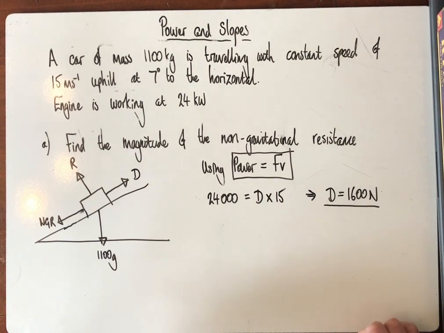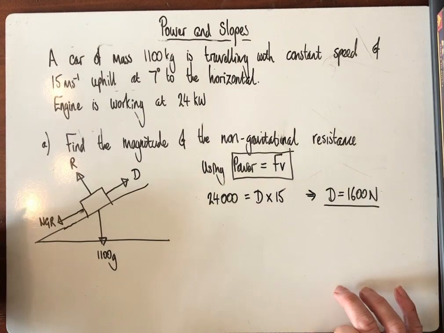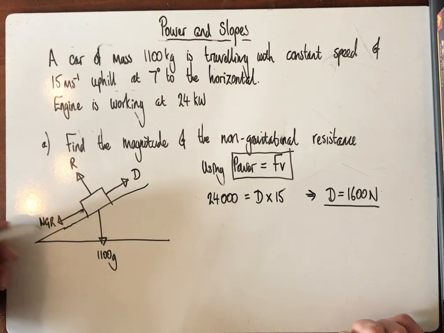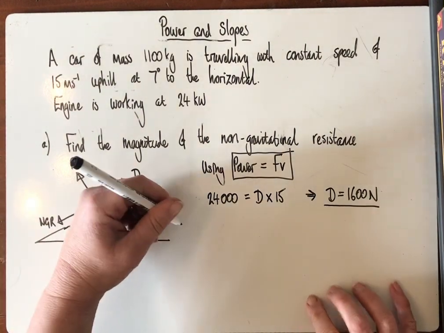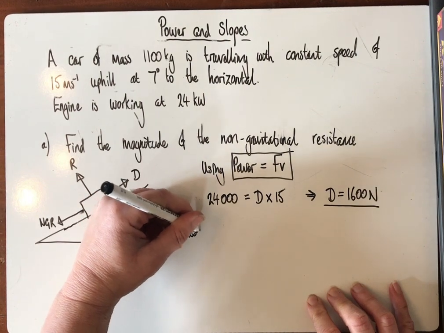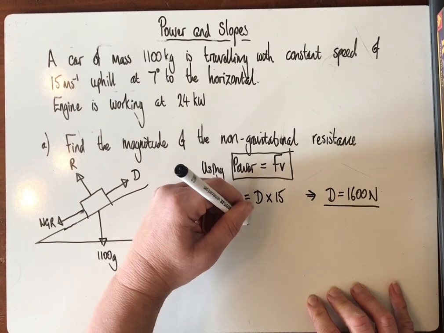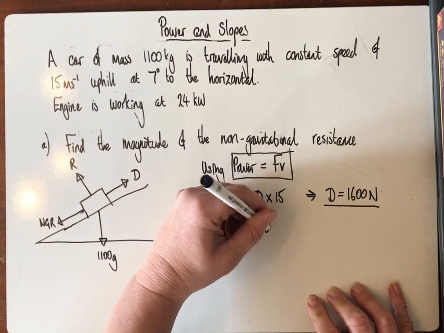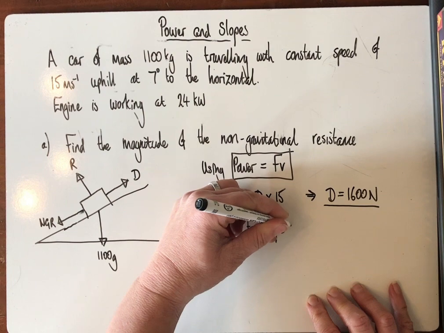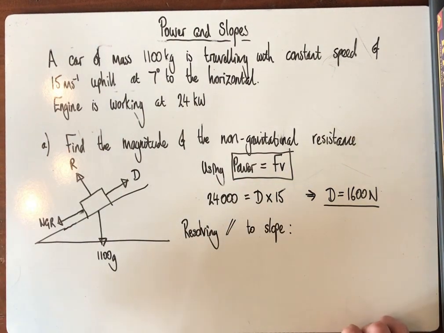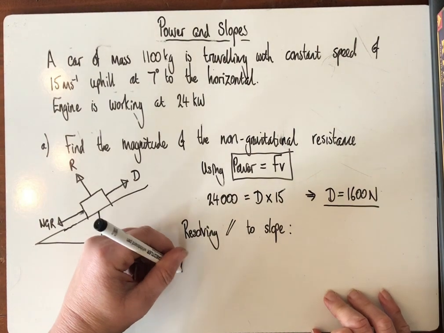And then if we resolve parallel to the slope, we can find this non-gravitational resistive force. Then we've got 1,600 going up the slope.